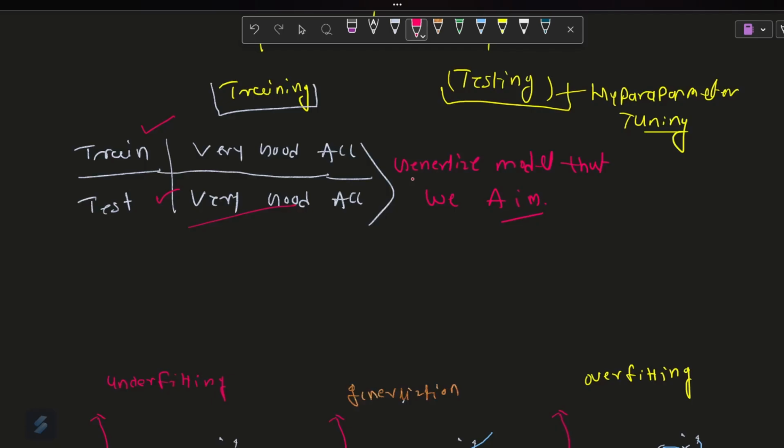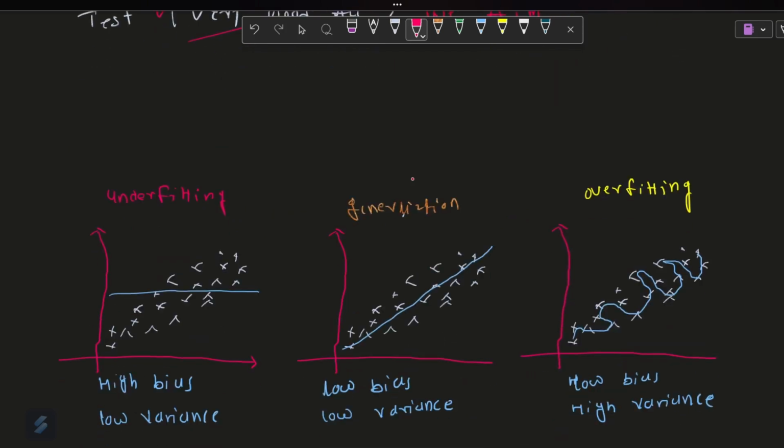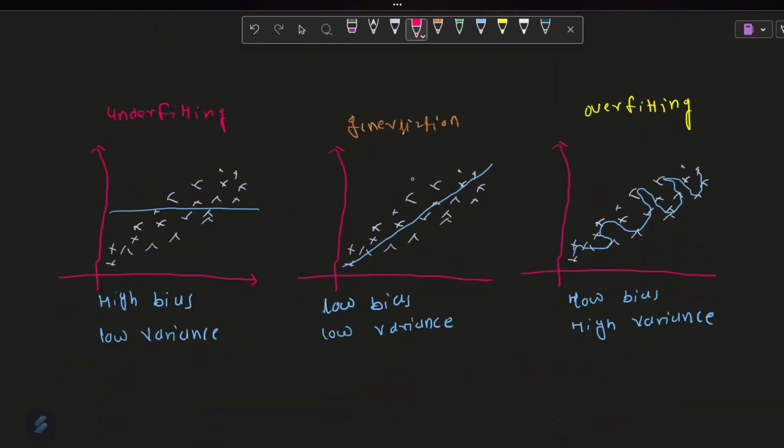Let's start with a graph, and now we will understand underfitting, overfitting, and the generalized model. We have a data frame and we are distributing the data as data points. These are the actual points, and the line we are drawing is the predicted line.